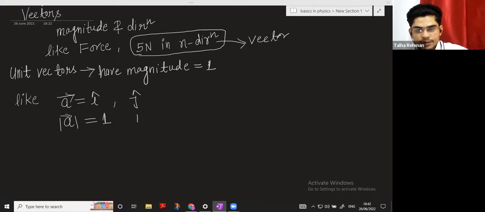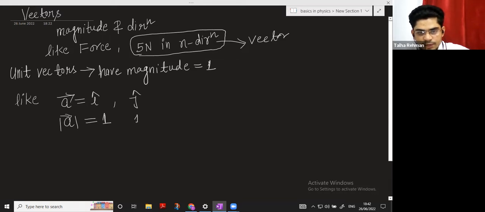A unit vector has magnitude equal to 1. So like A equal to I cap, this is known as I cap, and the magnitude of I cap vector is 1. For J cap, the magnitude is 1. For K cap, the magnitude is also 1.